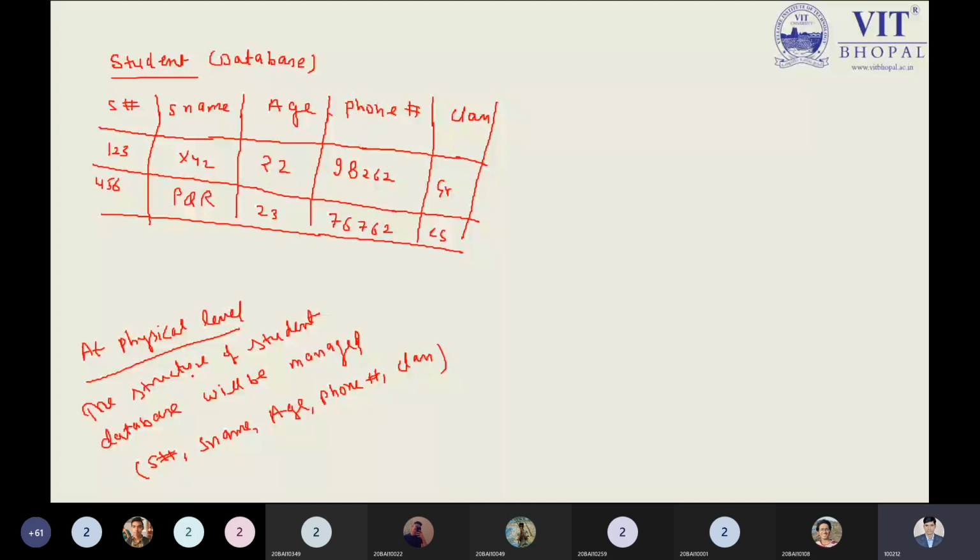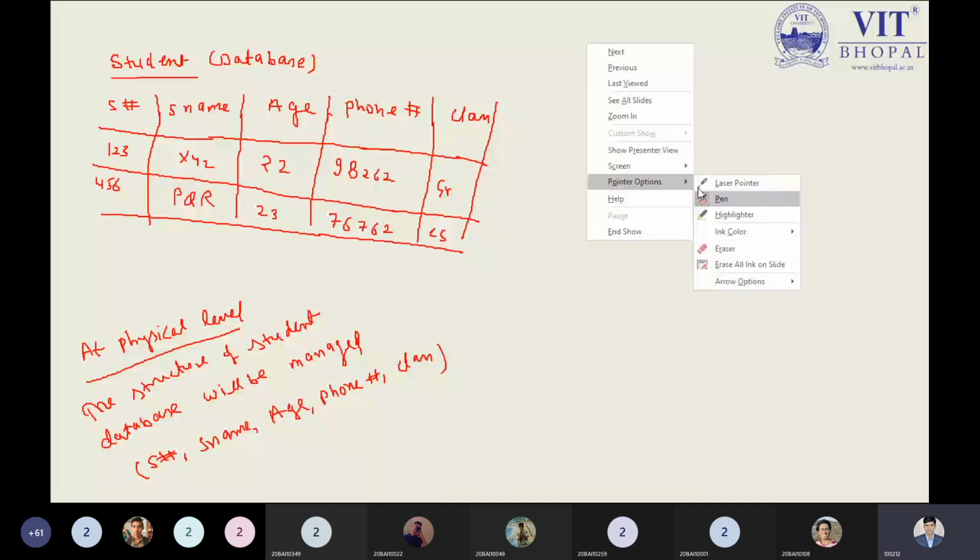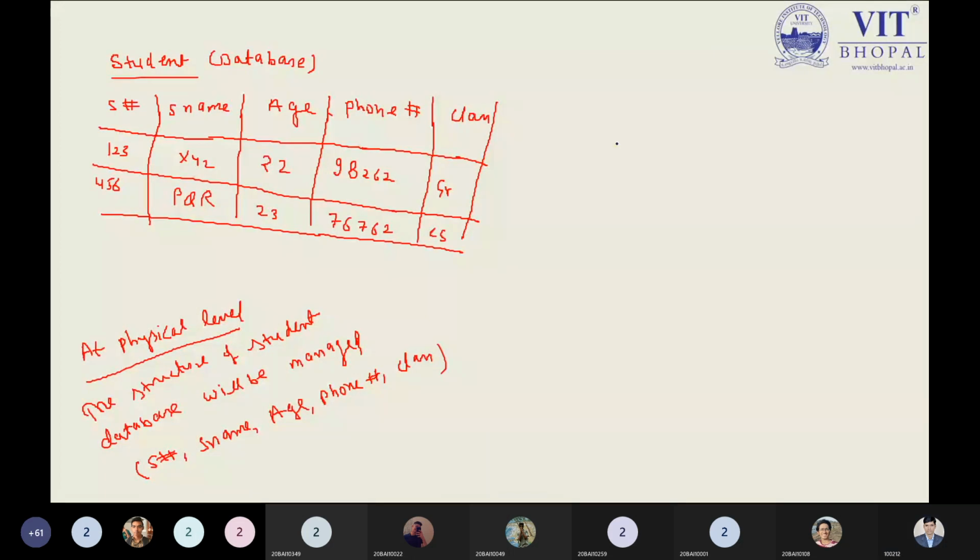But when talking about the logical level, the conceptual, that is a concept we have to understand properly. At the logical level, we are talking about the logical schema. What do you mean by the logical schema?